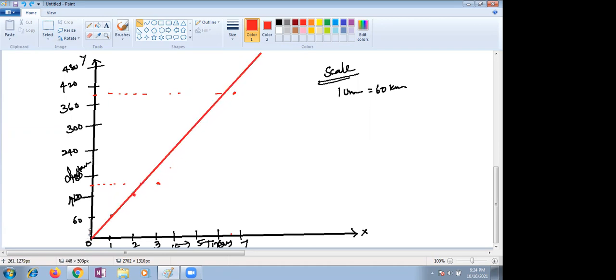Somewhere a point happens here, but it is not correct. Exactly, the point should lie on your line. Ma'am, if we draw it on graph paper, it will come. So I will erase the point here.